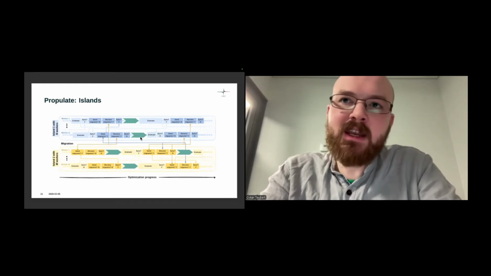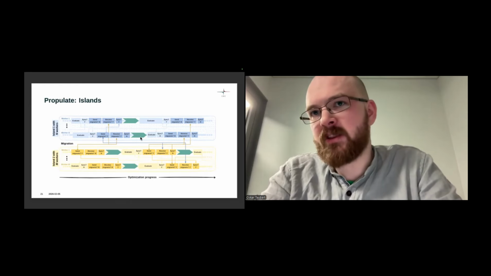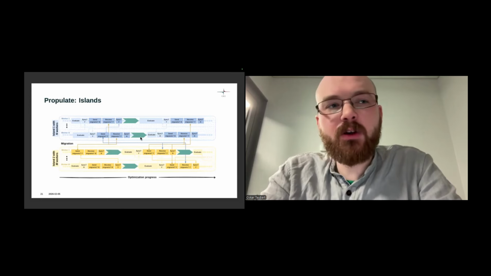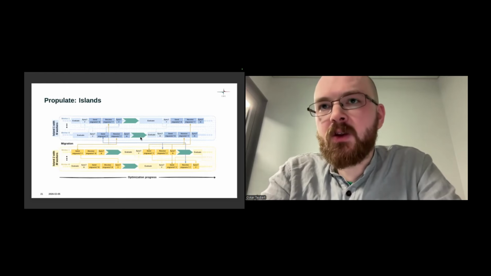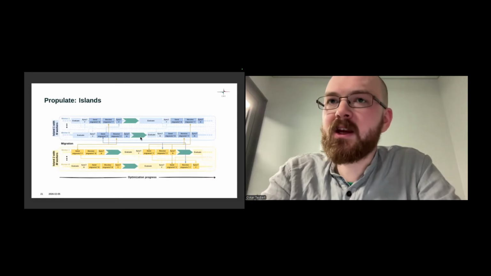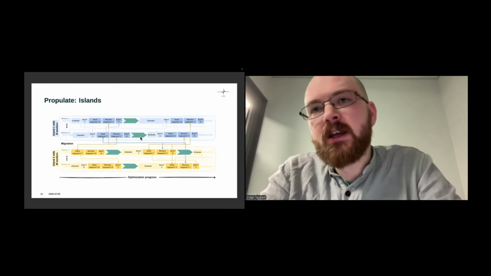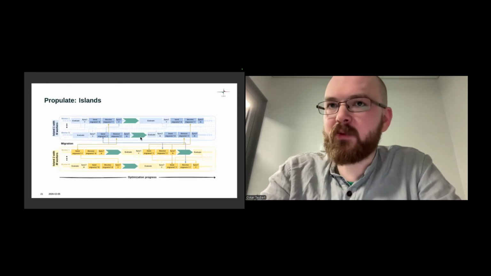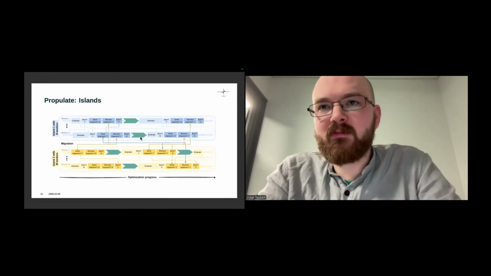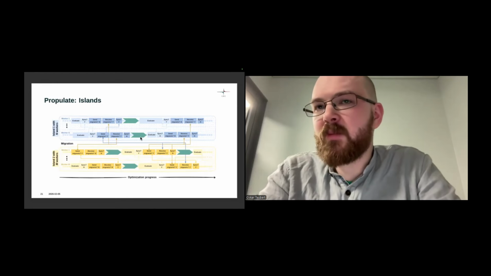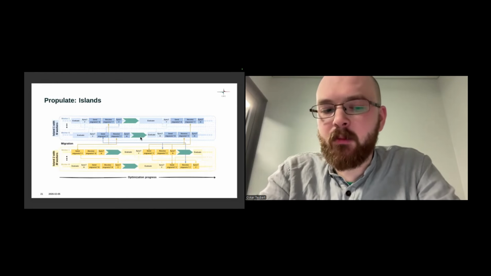But between islands, you only exchange information every now and then. For example, you could have several nodes where the connection between nodes is way weaker than the connection within a node, and then have one island on each node. But if you have a strong network, that might not be particularly important to you.